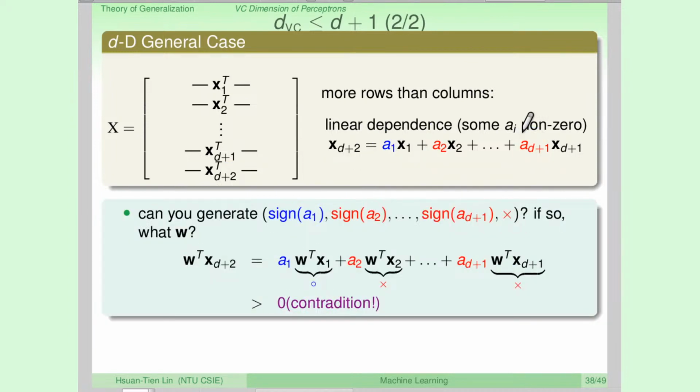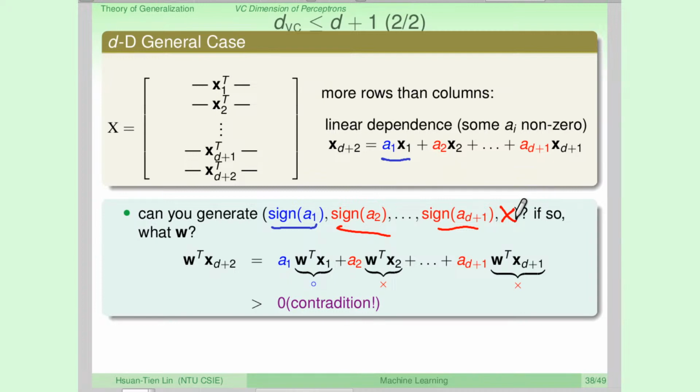Now, with this linear dependence, I am challenging whether we can generate the first label in the dichotomy being sign A1, the second label being sign A2, the third label being sign A3, and so on until the d+1 label being sign A_{d+1}, and then the last one being a cross.